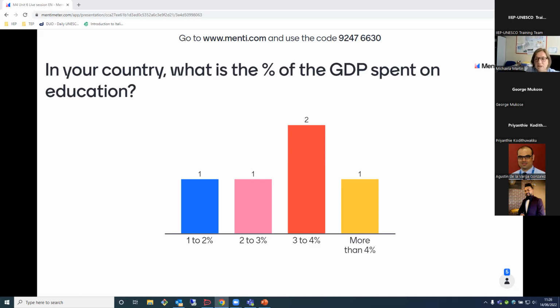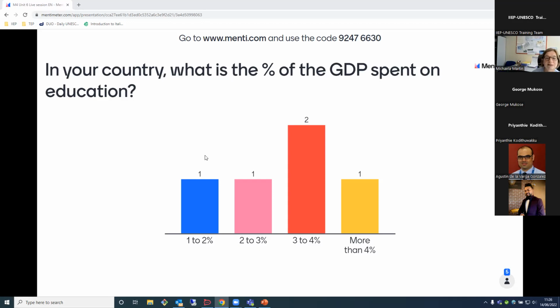The international benchmark is the allocation of 4 to 6% of GDP to the education budget, which is mentioned in the Education 2030 framework, which provides the framework for the implementation of SDG 4. So I think that is quite interesting.